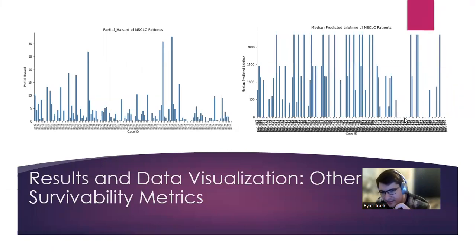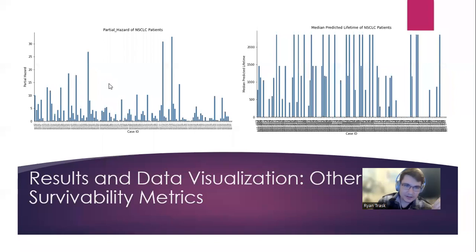Now you might see 0 numbers here for some of the patients. That doesn't mean people are dropping dead as soon as we record them in the data, right? It just means that the values are so small relative to everything else that the computer basically says 0. So that's a small limitation of this graph, but it's not too big a limitation, I think.